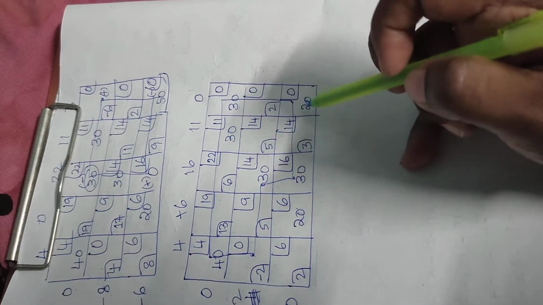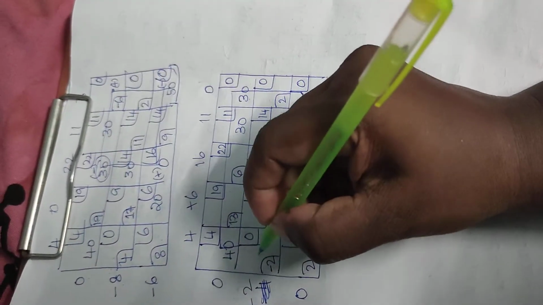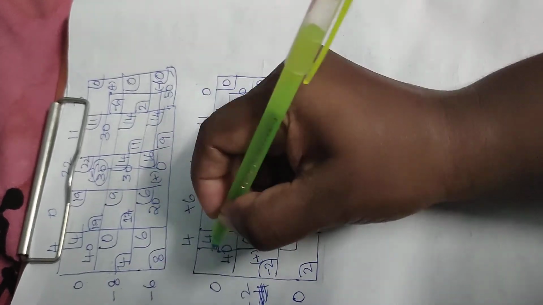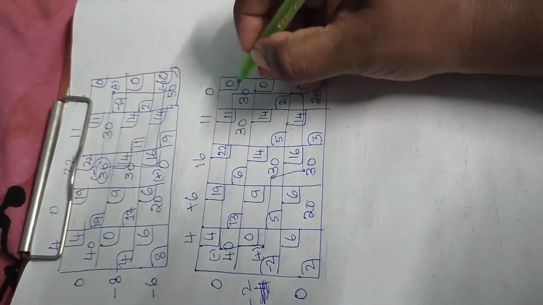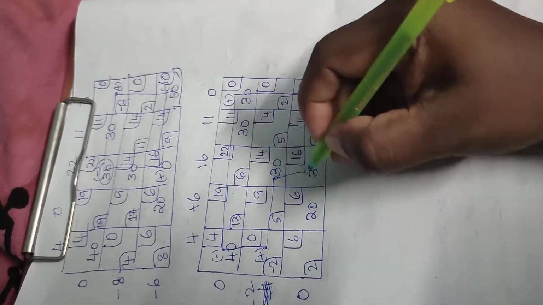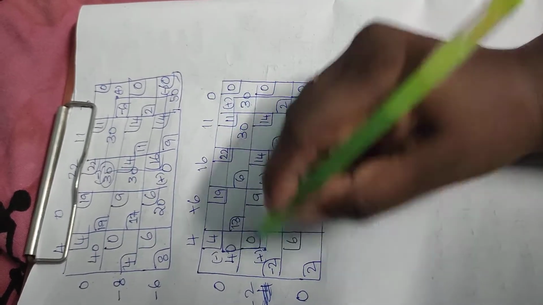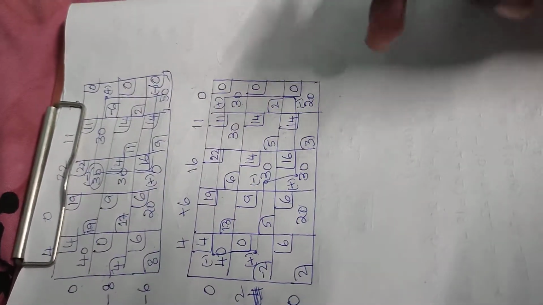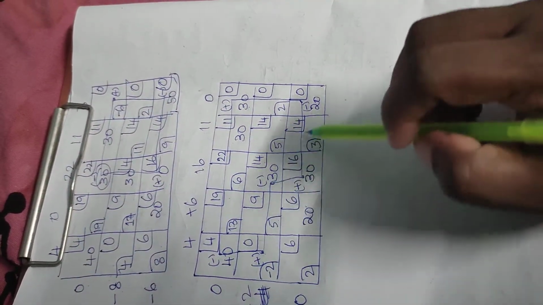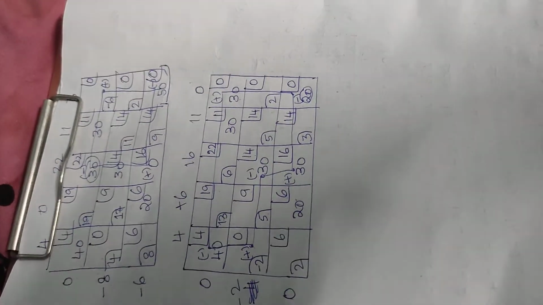I go here, I turn, I come here, again I turn, and I turn here. So my loop is plus, minus, plus, minus, plus, and minus, plus. So I wanted to show you this loop, and of the negative values, the minimum value is 20. So I'll meet you in the next table.